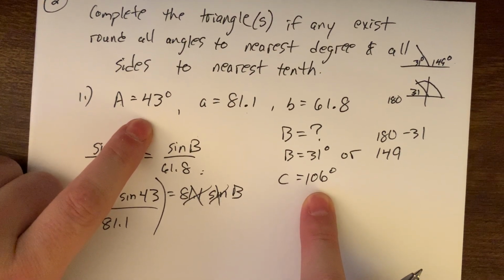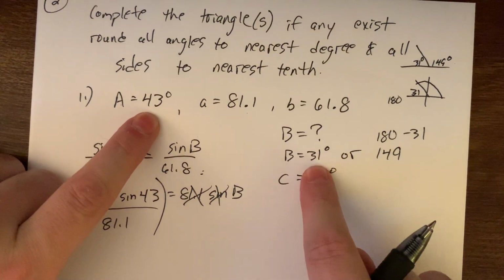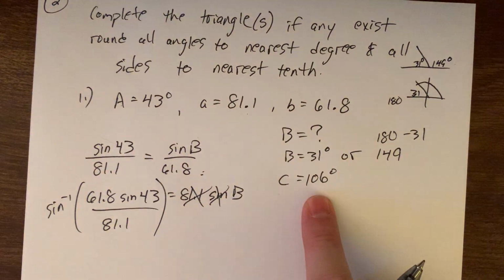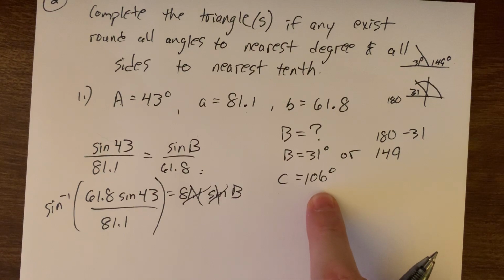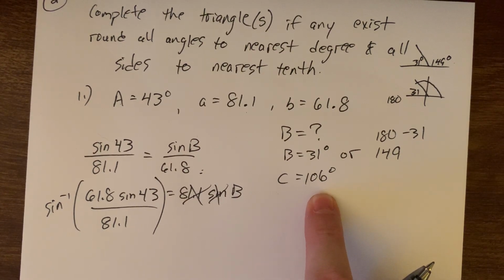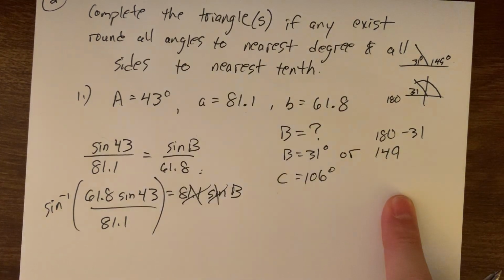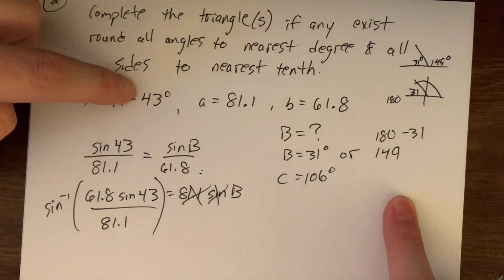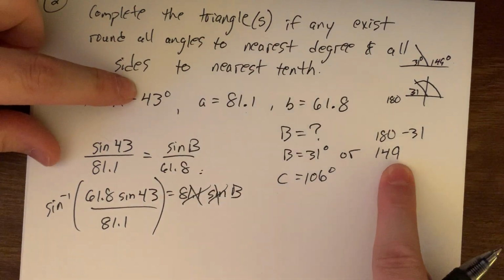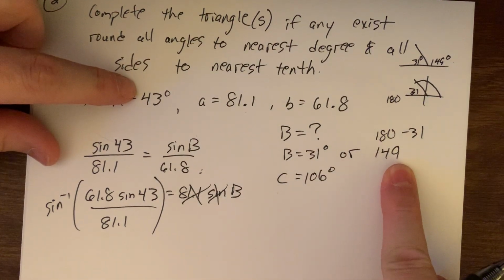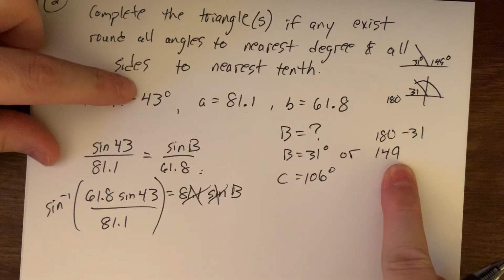Just like we did on the previous, everybody. 43 plus 31 plus C equals 180. I just did a little bit of work to solve for C. But then I have to do that again. So angle A is 43. Angle B is 149. Does anybody see something majorly wrong here?